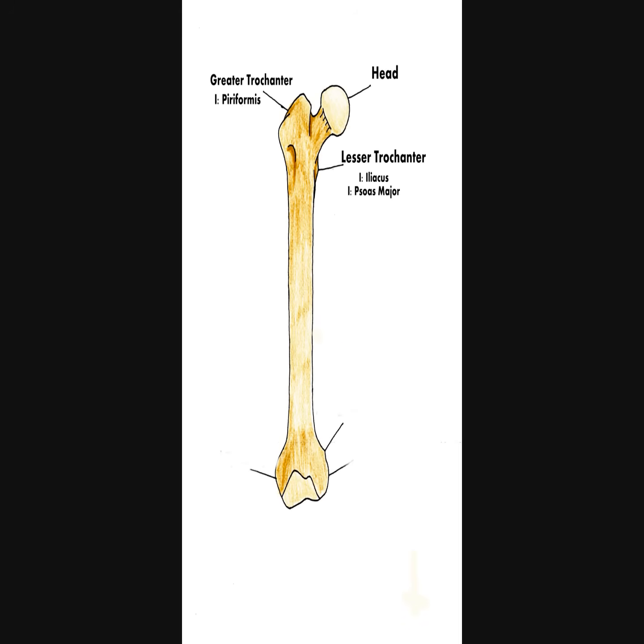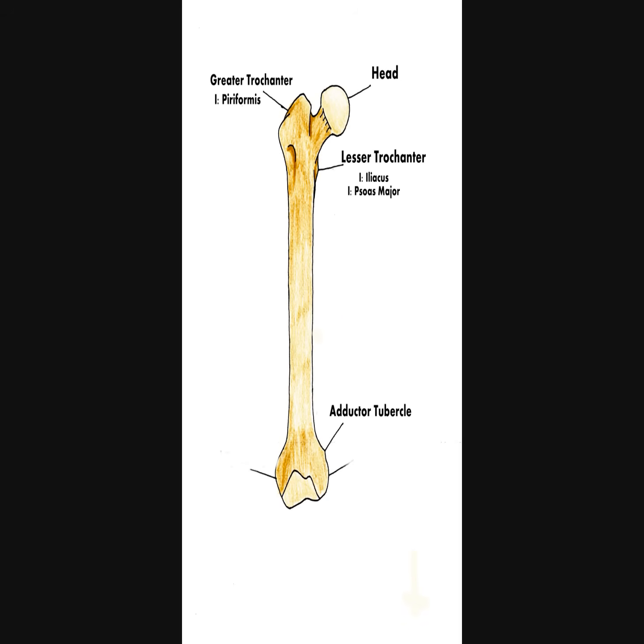Okay, so we're going to move down to the distal end. The next structure down from the lesser trochanter is actually a tubercle, and it's named after the muscle that inserts there. So think about the muscle group that's located on the medial portion of the thigh. It's named after a specific muscle of that group. This is the adductor tubercle. The adductors are on the medial portion of the thigh.